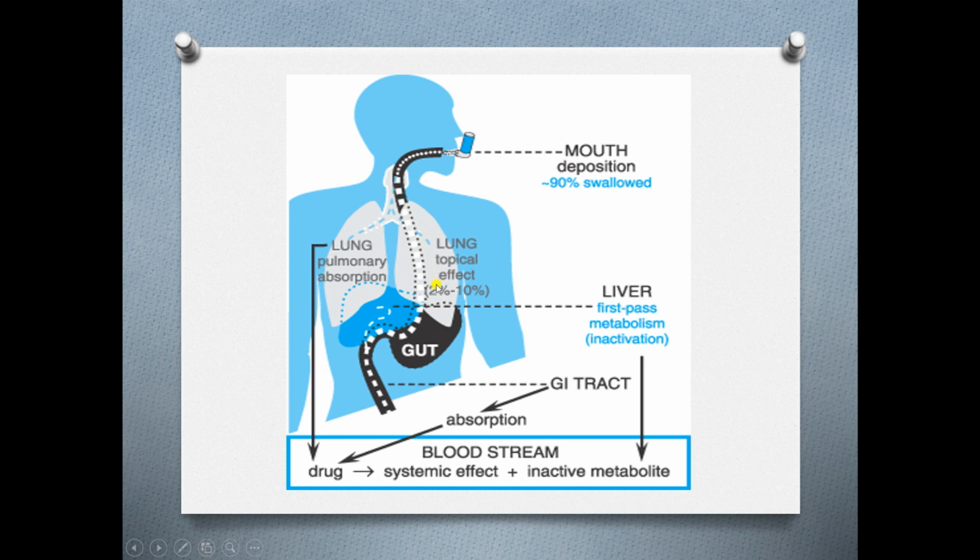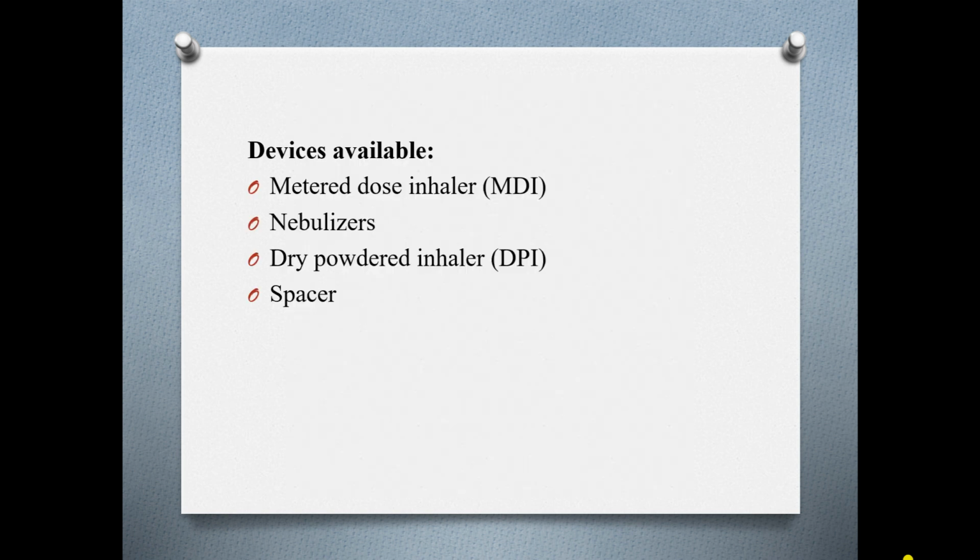Whatever drug goes orally will go into first pass metabolism, which leads to inactivation of the drug. It further gets absorbed from the GIT, goes into the bloodstream, is metabolized and converted into inactive metabolite and excreted. But even though only 10% of the drug goes into the lung, that is sufficient to produce the bronchodilatory action.